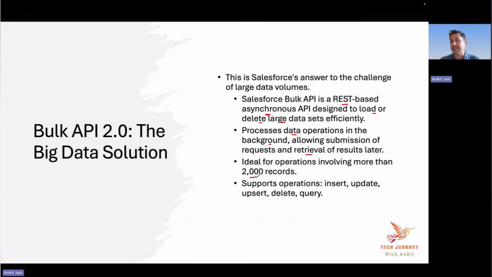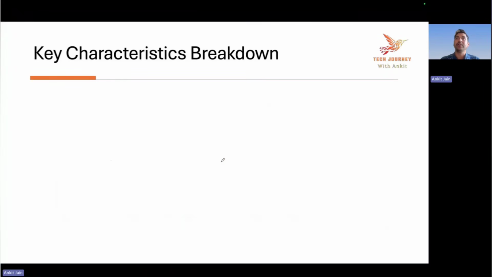Salesforce recommends that rather than using the REST API to process more than 2000 records, you should definitely leverage the Bulk API. And as I said, the supported operations for the Bulk API are insert, update, upsert, and delete. Moreover, with the help of query, you can also export the records with the Bulk API.